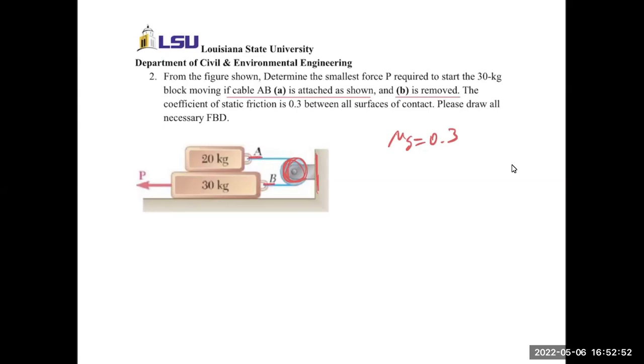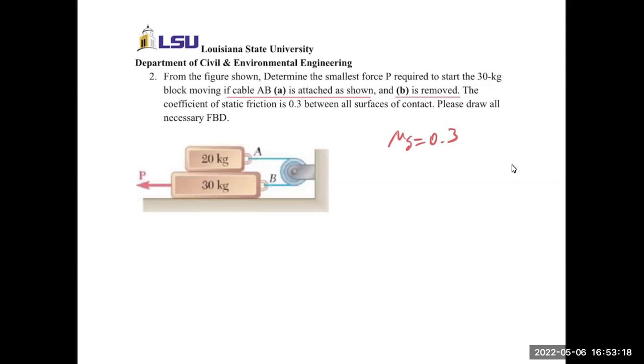It means that not just this 30 kilogram object will slide, but this 20 kilogram object will also move as well. So you have two frictions. One is the friction between those two surfaces, and the other is the friction between this 30 kilogram object and the ground.